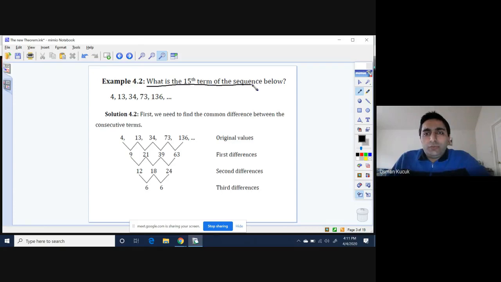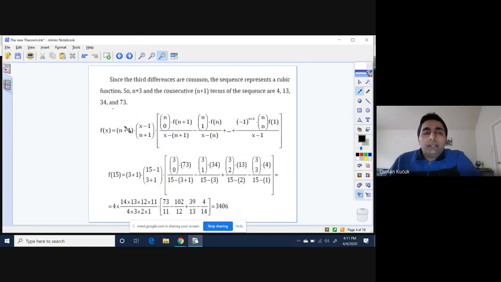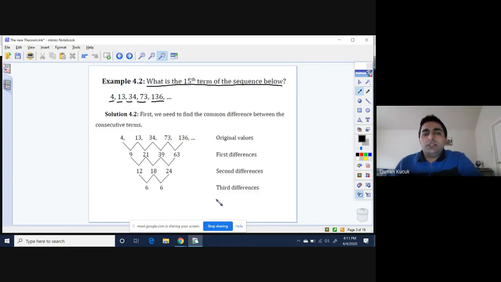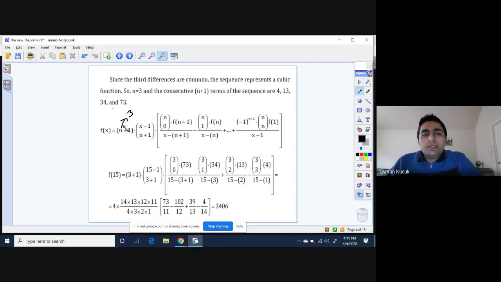What is the 15th term of the sequence below? 4, 13, 34, 73, 136. Again, we need to substitute 3 for n because the sequence is cubic. Why? Because the third differences of the sequence are equal, common. So 3 must be substituted for n. Since we are looking for the 15th term, we need to substitute 15 for x.